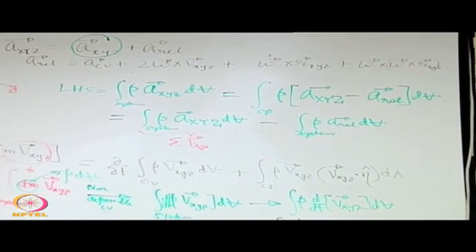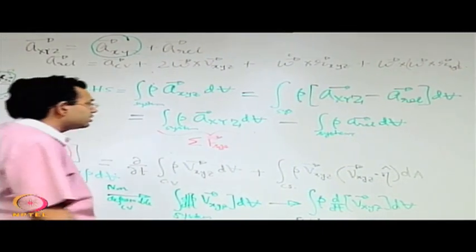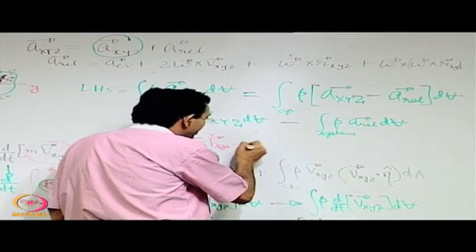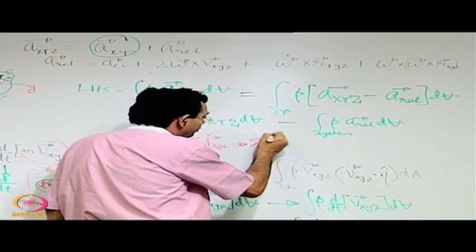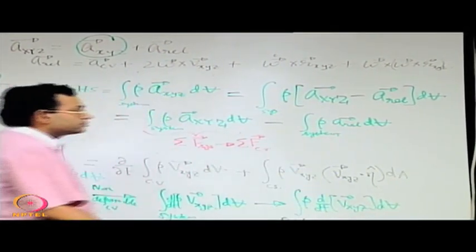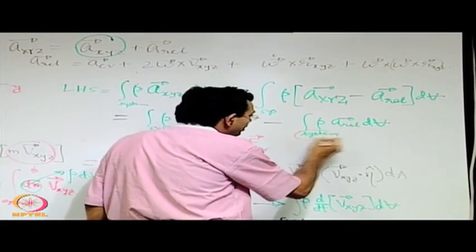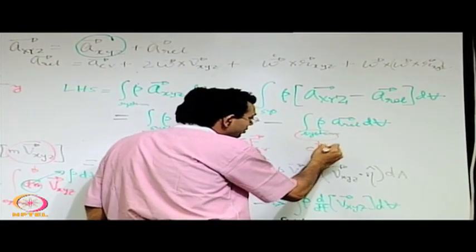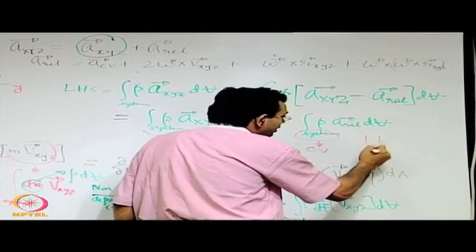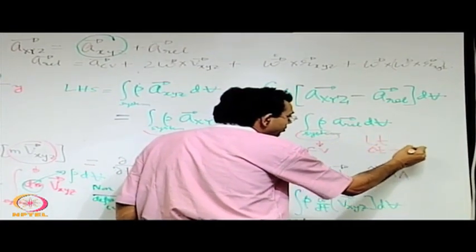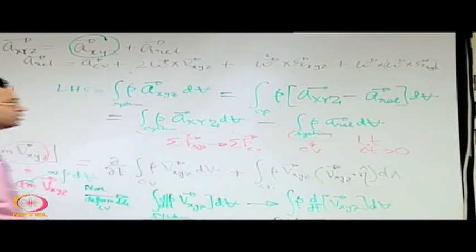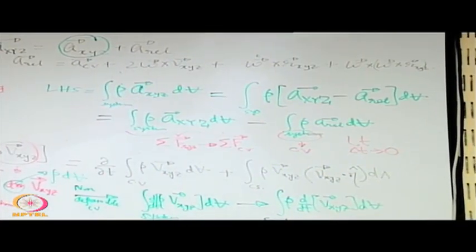And since we consider the limit as delta t tends to 0, this is as good as the resultant force on the control volume. In that same limit, the system tends to the control volume, keeping in mind the limit we are considering for these time derivatives, which automatically implies that delta t is tending to 0.